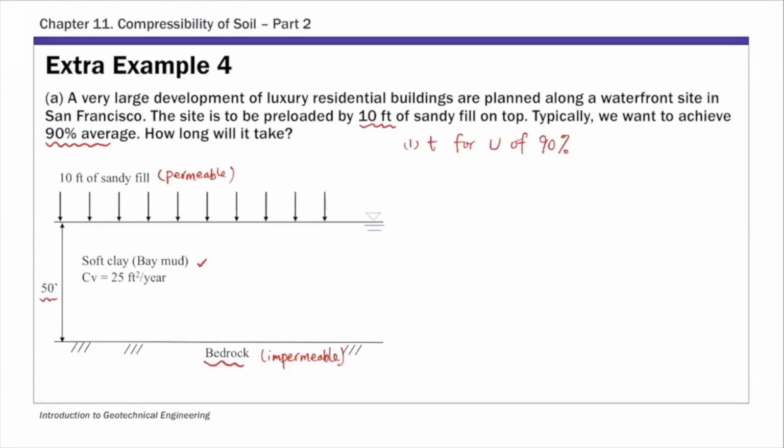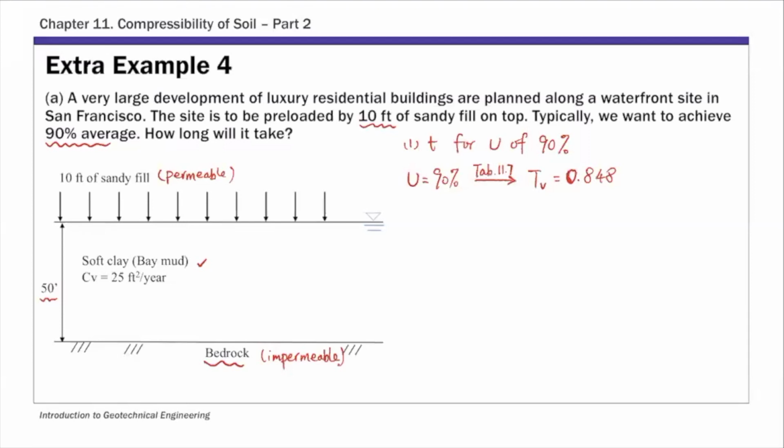So for U of 90%, again, table 11.7, we have done this a number of times. So the time factor corresponding to 90% degree consolidation, 0.848. And then we can calculate small t.